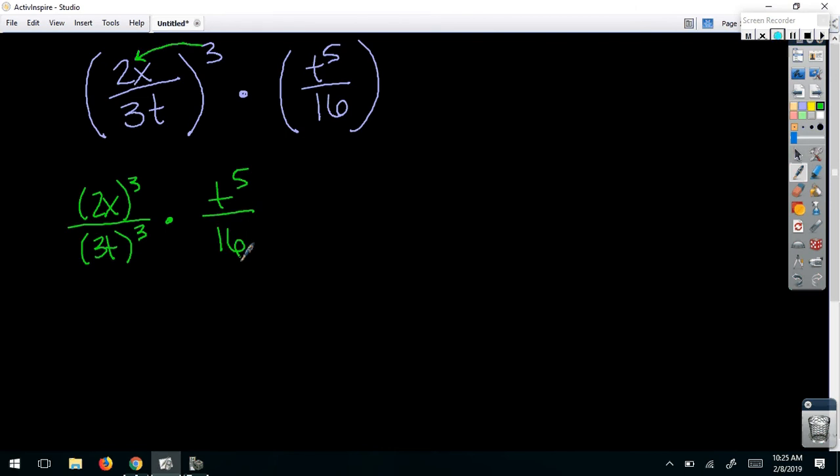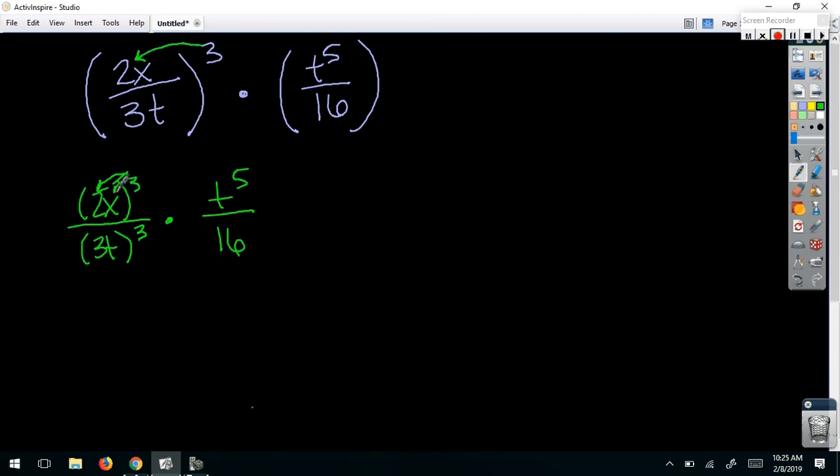This 3 does not become 6, because 2 to the third means 2 times 2 times 2, which is 8, not 6, so it gives you different numbers. So this was taking it to the top and the bottom. That's power of a quotient, right?